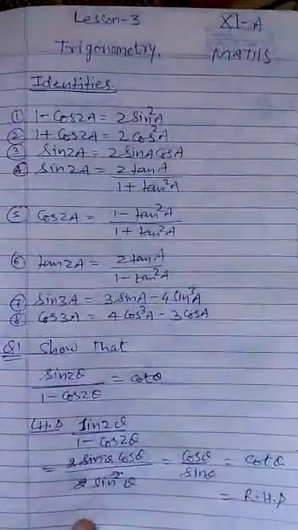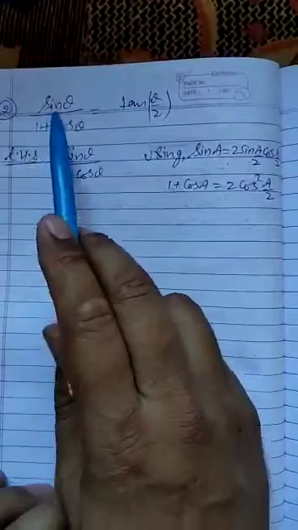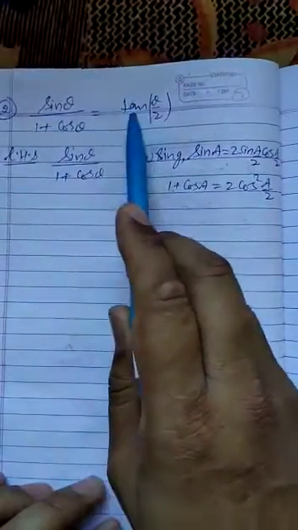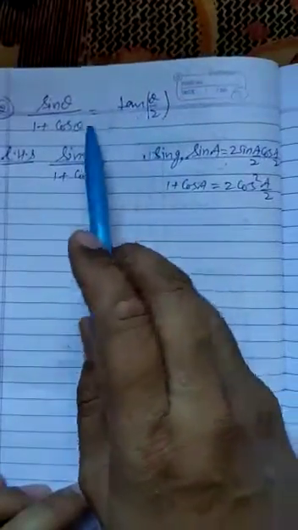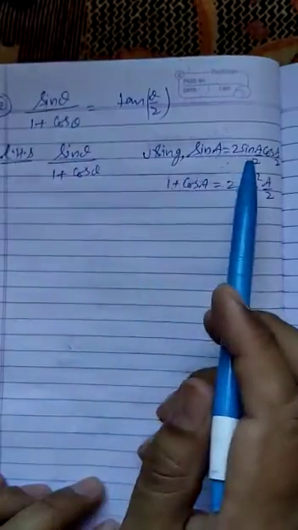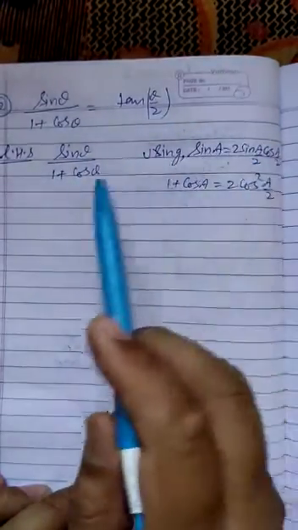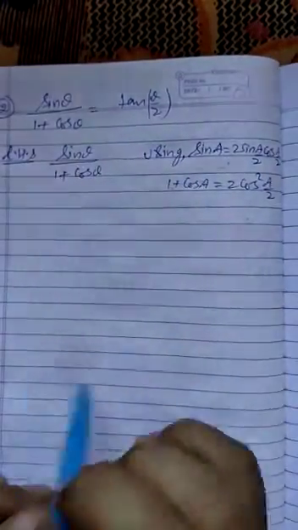Now let us take another example. So another question I am taking is, prove that sin theta over 1 plus cos theta is equal to tan theta by 2. Again this question is based on half angle identities. This time sin theta can be written as 2 sin theta by 2 cos theta by 2, and 1 plus cos theta can be written as 2 cos square theta by 2.